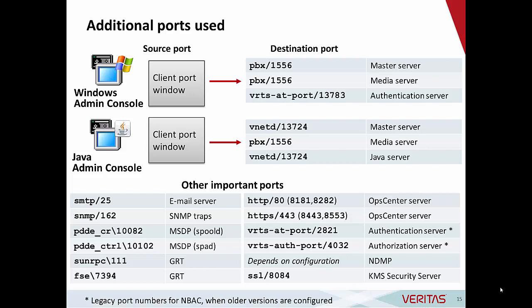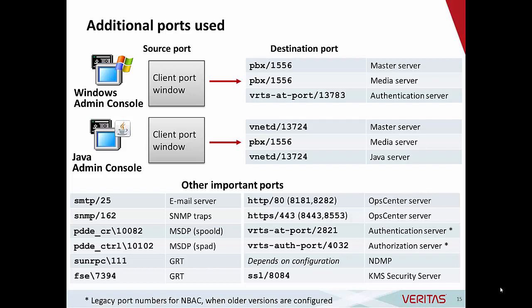This slide is a summary of some of the additional ports used in NetBackup communication. Again, the vast majority of communication is all happening over 1556 PBX or 13724 VNetD. We see that there are ports that are used when NBAC is used, for example 13783 for the authentication server.